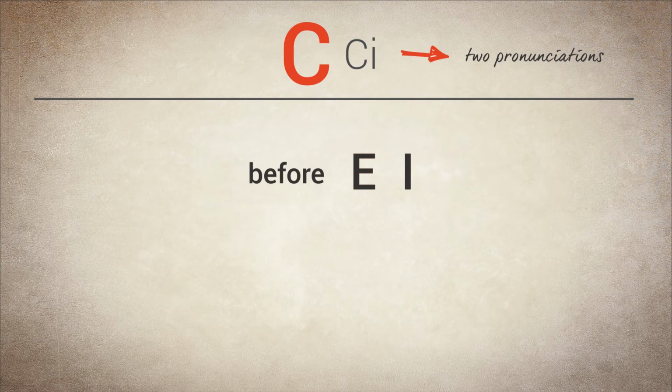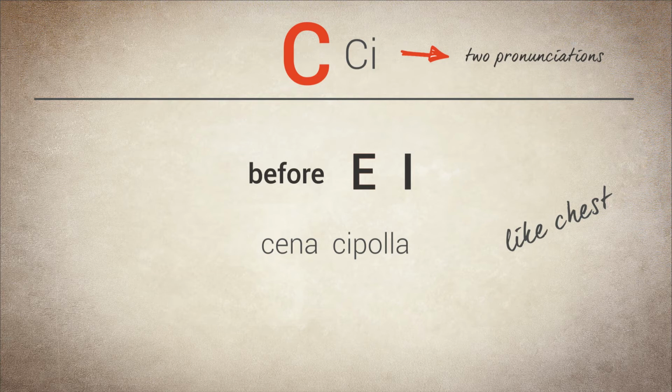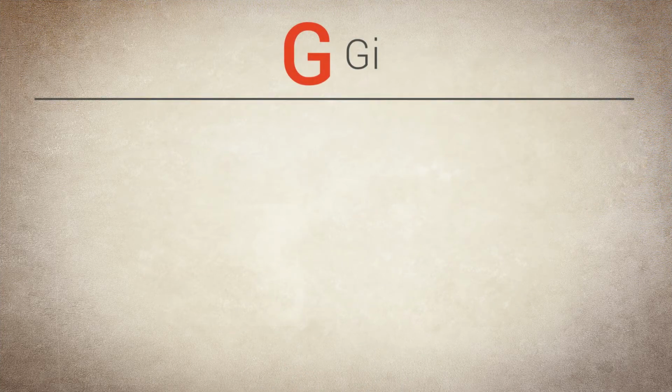And before E or I, it is something like in the English word chest, but softer. Cena, cipolla.